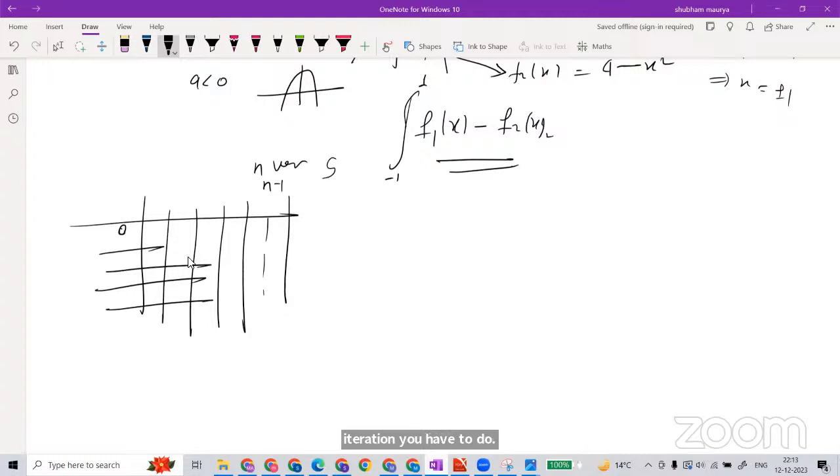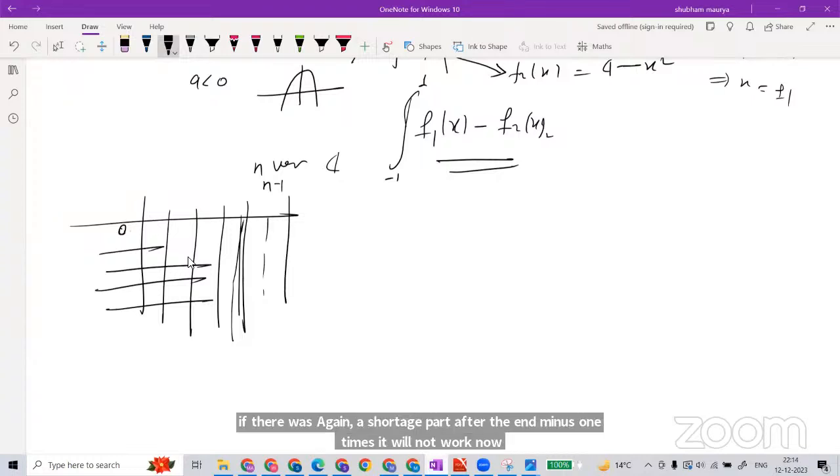Suppose it has 5 vertices, then just 4 iterations. The last column gives your answer, the distance from whatever source vertex you are taking. Bellman-Ford iterates for n minus 1 times, right?